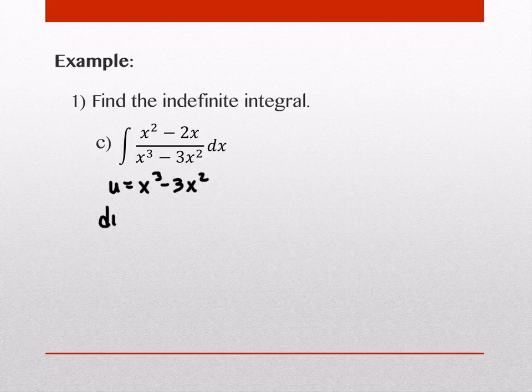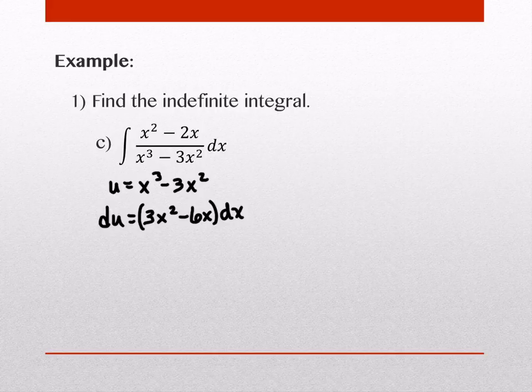Now then, what is the derivative of x cubed minus 3x squared? 3x squared minus 6x. You're right, 3x squared minus 6x. And all of that is times dx. Now, that doesn't quite look like the numerator, but it's close.